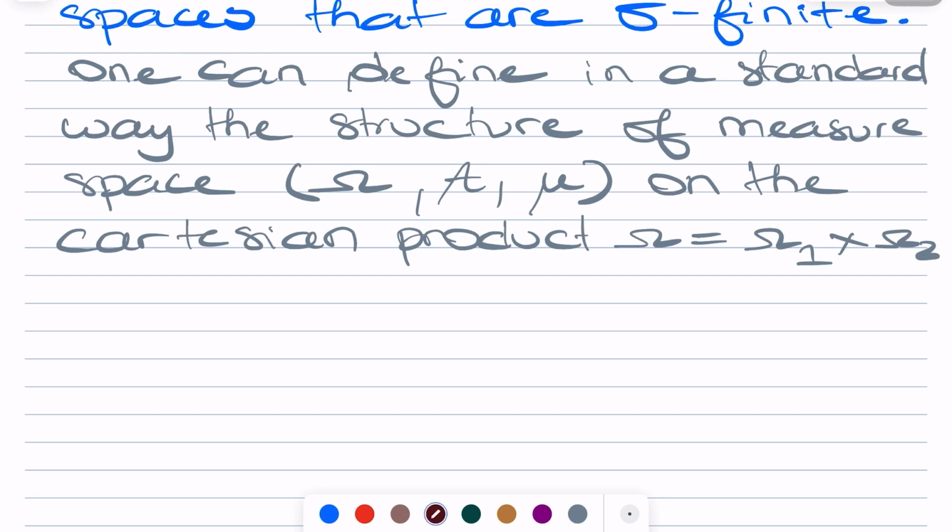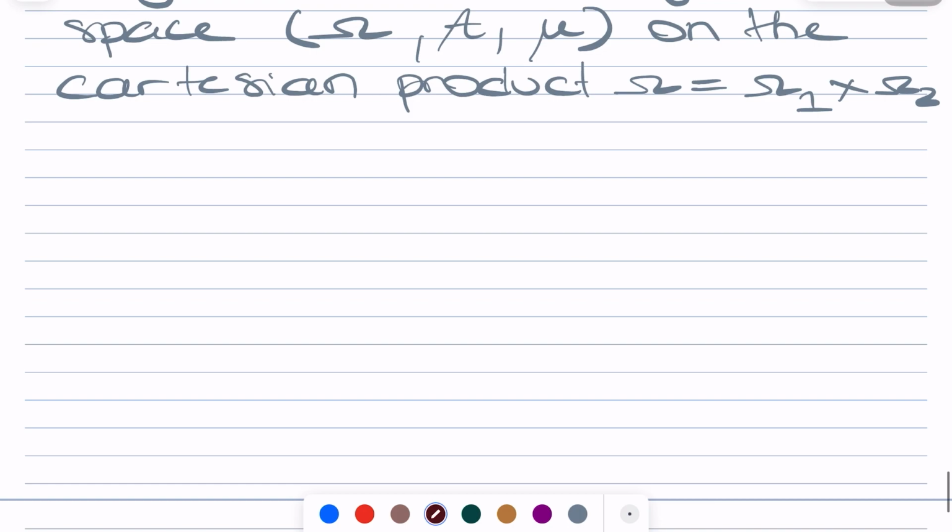Okay, so Theorem 4.4. This is about Tonelli.